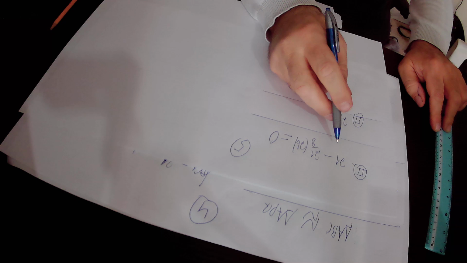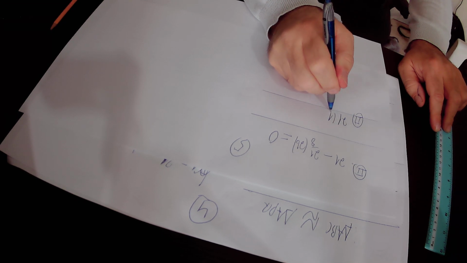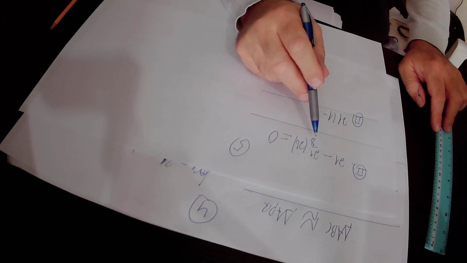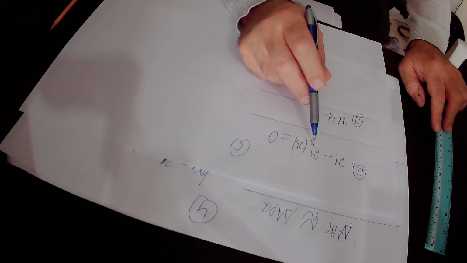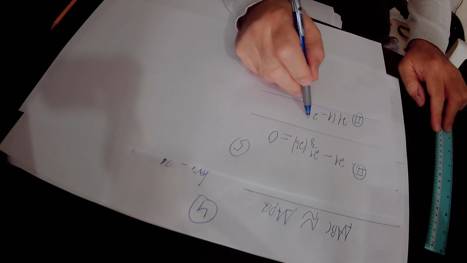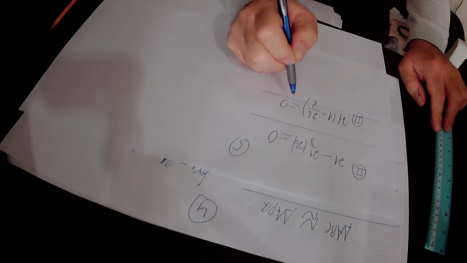So what is left from 21 after we took 21 as a common factor? What is left is 1. And what is left from this expression minus 21 over 8 times 2b after we took from it 21 as a common factor? What is left is actually minus 2b over 8 equals to 0.